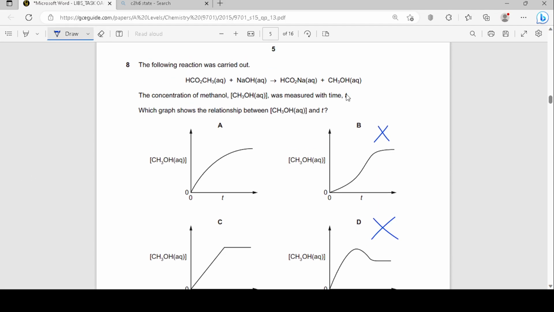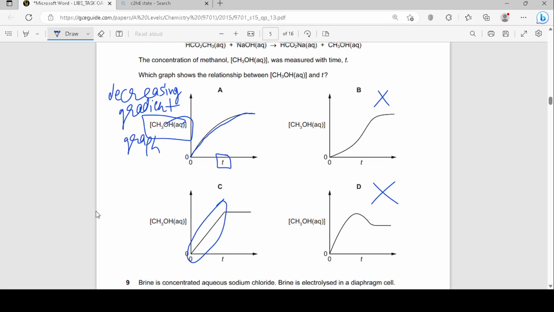Now, if we look at A and C, the rate of production of CH3OH will decrease with time. So it's supposed to be a decreasing gradient graph. In C, you have a constant gradient for this portion, and then you have a plateau.